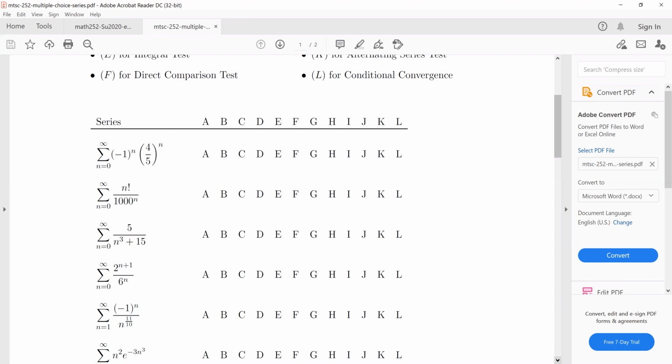One is easier than the other. Any hint on this one? Okay, I'll give you a hint.